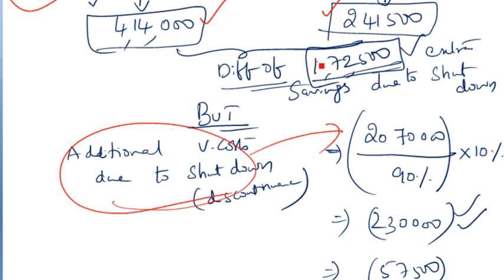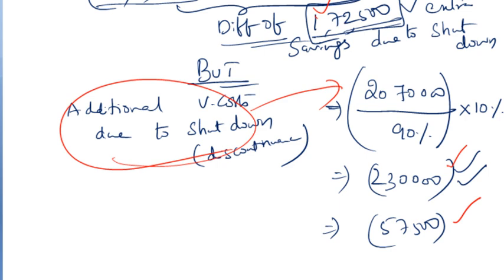So there is a benefit of 1,72,500 if you discontinue division C. At the same time, there is a loss of 2,30,000 because there is an increase in your variable cost. So in that case, there is a net loss of 57,500 if you take a decision to shut down that particular division C. In that case, will you shut it down or will you continue? You will continue, obviously. Are you able to get me?